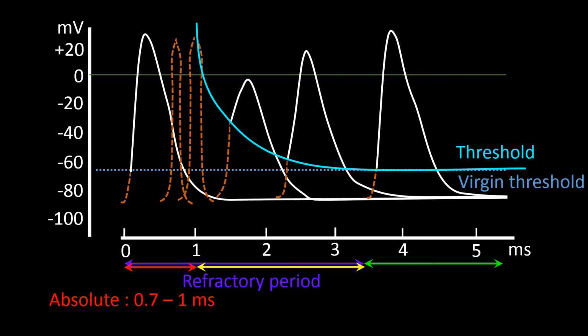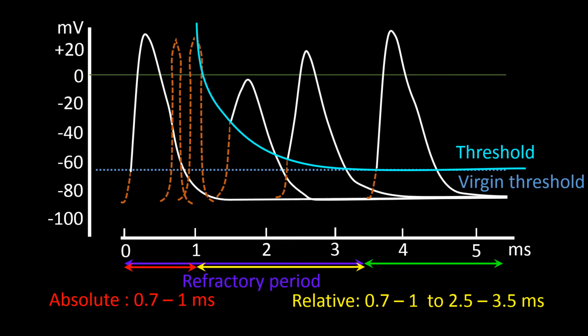a second period, here represented as a yellow line, which is called the relative refractory period. In this case, the relative refractory period lasted 3.5 milliseconds.